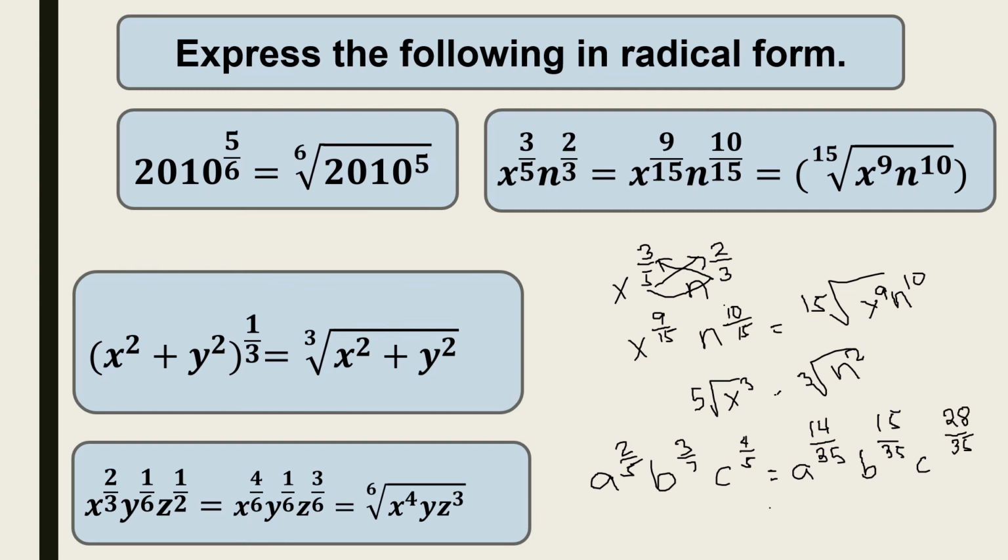Then after that, you write the radical form. It will become the 35th root, the denominator, of a raised to 14, because there is a 14 in the numerator, b raised to 15, c raised to 28.